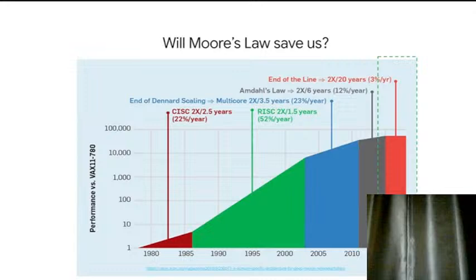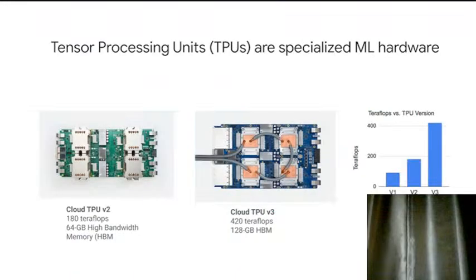One solution is to limit the power consumption of a chip. And you can do that by building application-specific chips or ASICs. And one kind of application is machine learning. Google's designed new types of hardware specifically for machine learning.